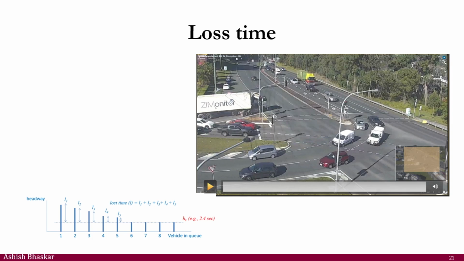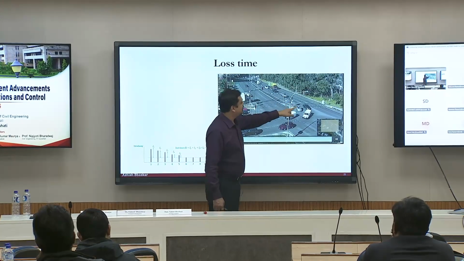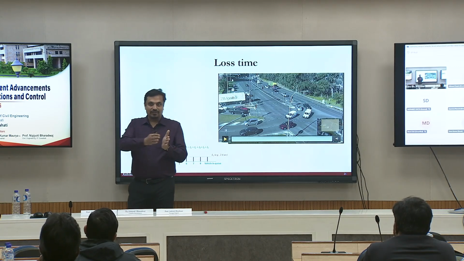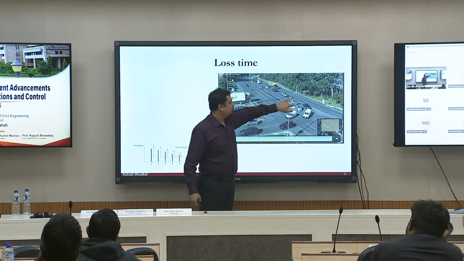You might have observed that generally the headway between the first and the second vehicle is always larger compared to the other ones. When the first vehicle leaves, the second vehicle leaves after a longer time. And generally when we are driving, if there are two lanes, and there is a queue on this one, and you are able to make yourself the first one here, you will always have sufficient gap to merge down the line, because of the reaction time and because they are pretty much moving from 0 to the speed.